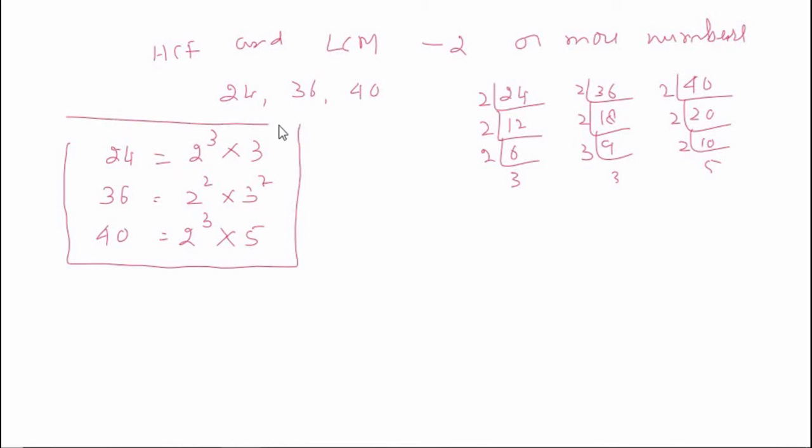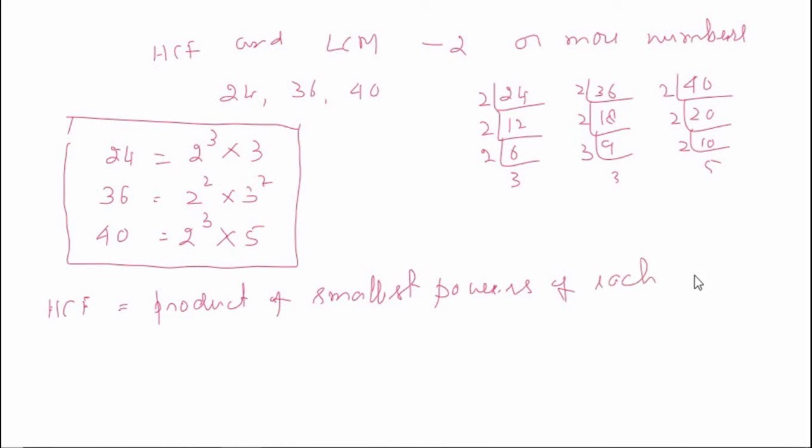How to find the HCF and LCM? Now, the HCF of these three numbers is the product of the smallest powers of each prime factor.